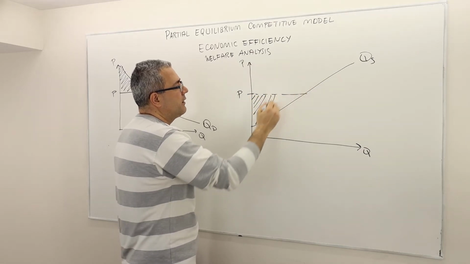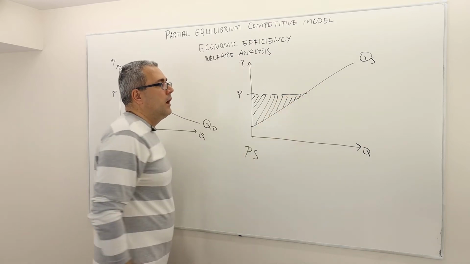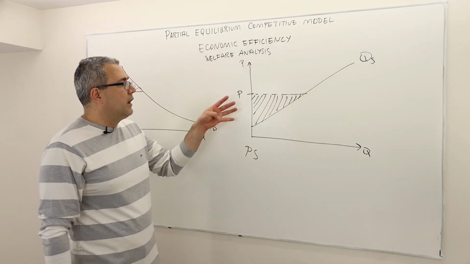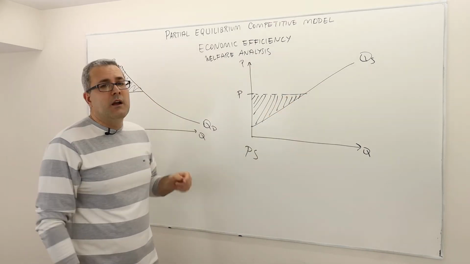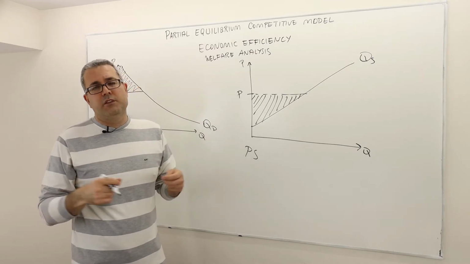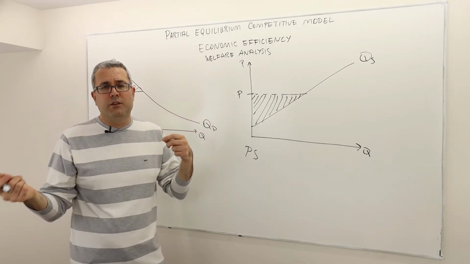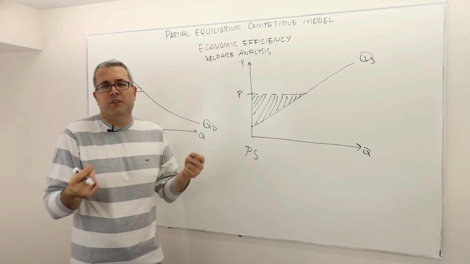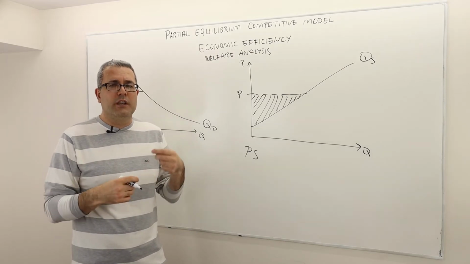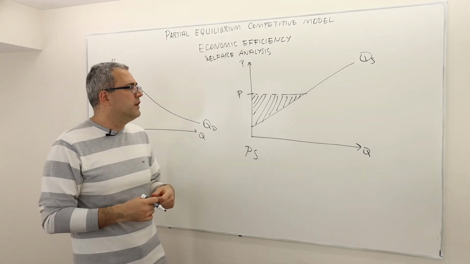So this triangle is going to measure the producer surplus. I'm not going into the details of producer and consumer surpluses because this is something you already learned in principles and intermediate micro.